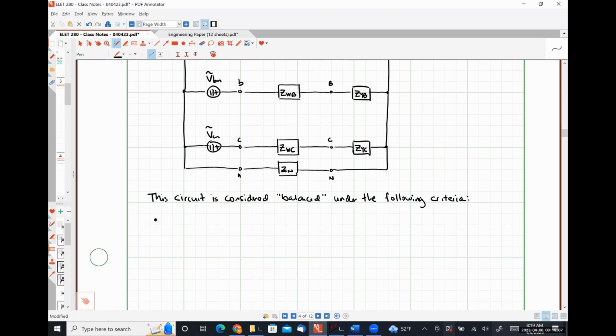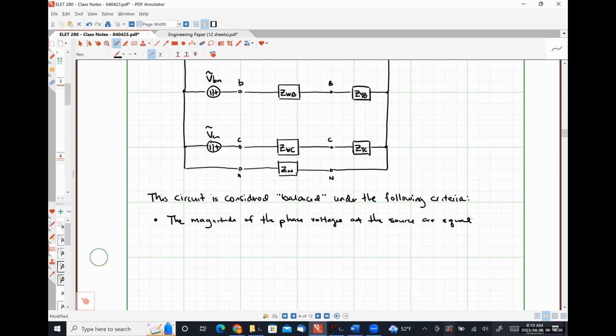Our first criteria is that the magnitude of the phase voltages at the source are equal.